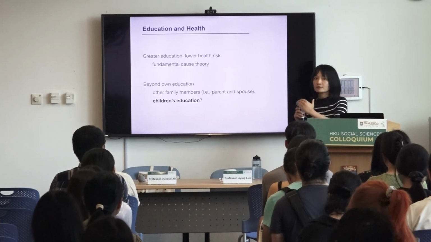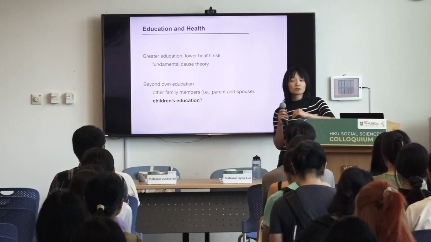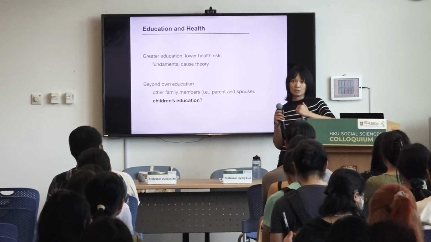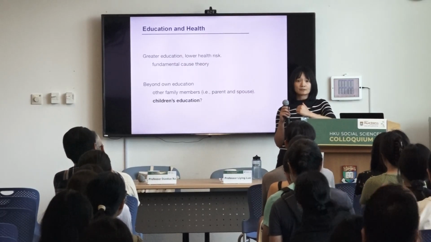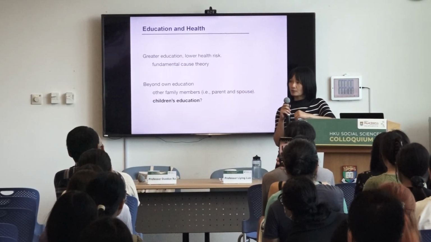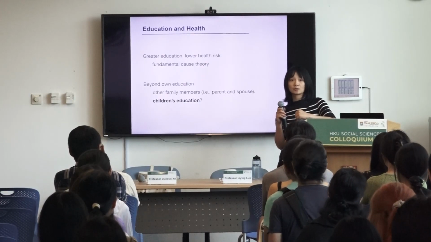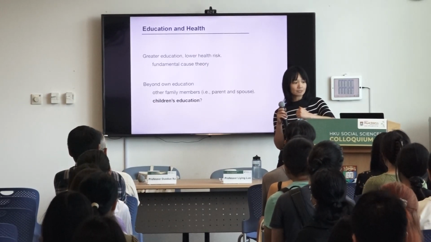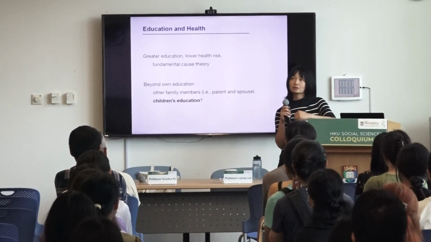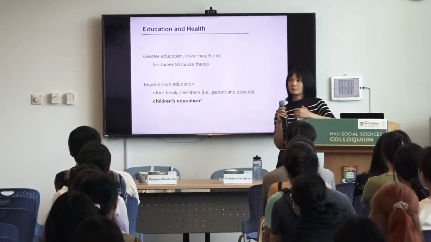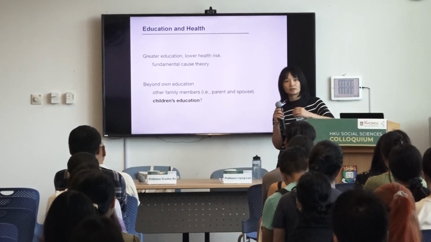But much of the research in this line focuses on a person's own education. However, the life course and social network literature suggests that other family members' education, including spouse and also parents' education, matters. The reason is similar to how own education influences health.